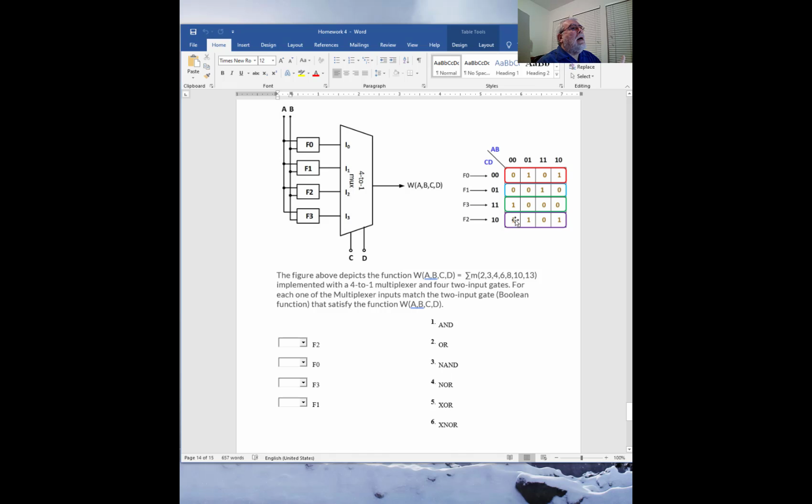Okay, and the same thing with this, the F2, in which the only chance in which you have a 0 is when you have 1, 1. What is that? That's an AND gate. Okay, so you have a 1 if any of these 2 inputs are 0, but 0 if both are 1.